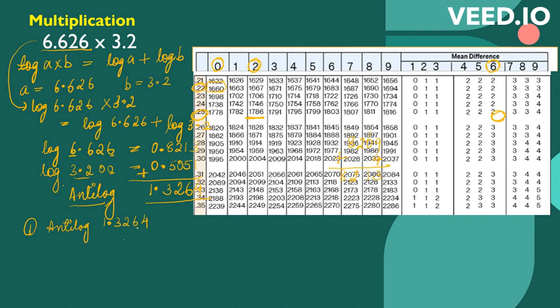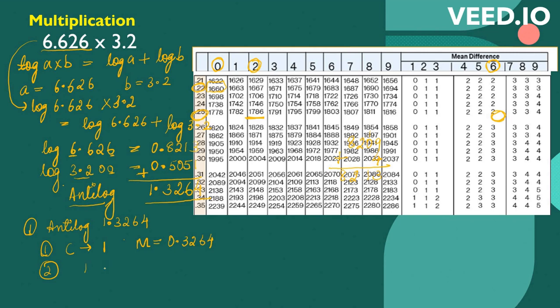This is our thing. Now you have to segregate into characteristic and mantissa. The characteristic is nothing but our 1, and the mantissa is our 0.3264.